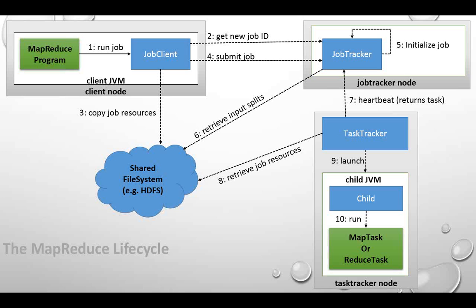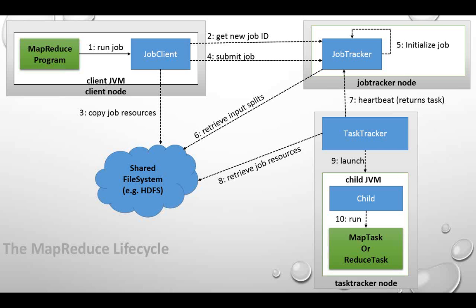Now what's going to happen is the task tracker nodes, right? These are my data nodes or my compute nodes where my individual tasks are going to run. The job tracker is going to create multiple tasks for me, and each task is distributed to the different compute nodes.